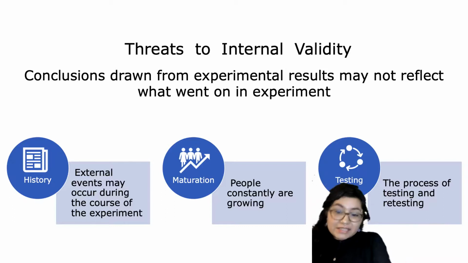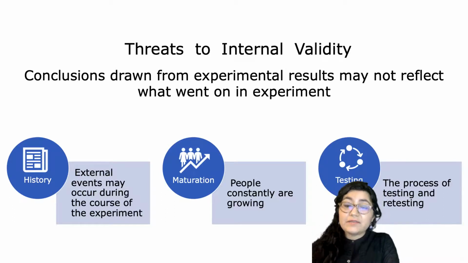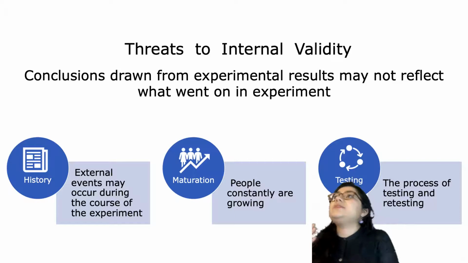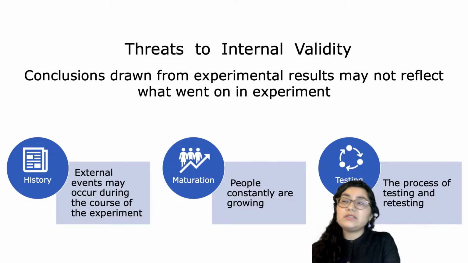And then the process of actually testing people and retesting. If we're, for example, giving the same test over and over again, then our subjects may become privy to what answers we want, or they may be sick and tired of us testing them, so they may just choose whatever is convenient and not even think about it when they're filling out a form.